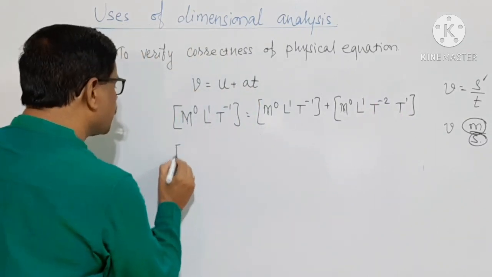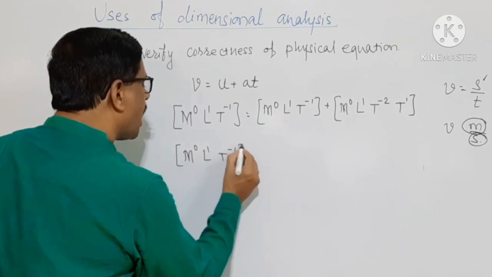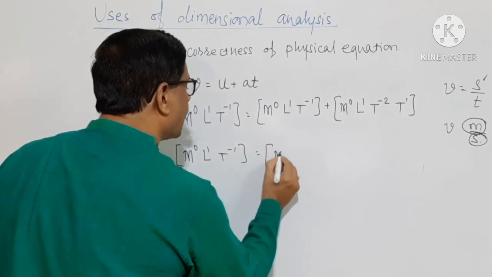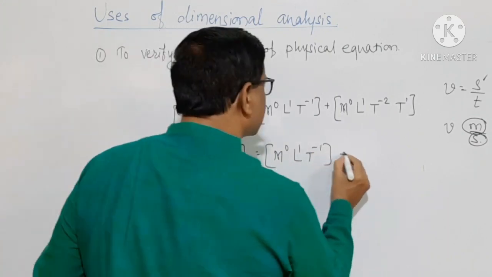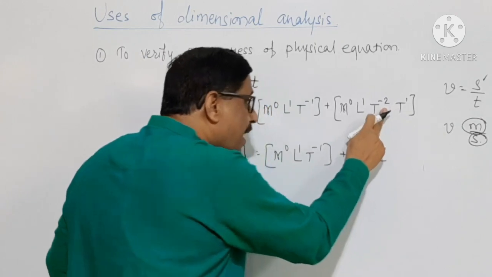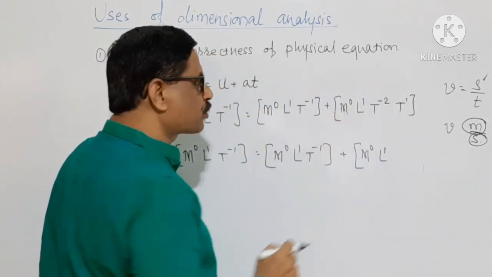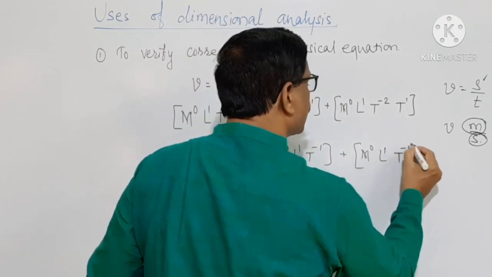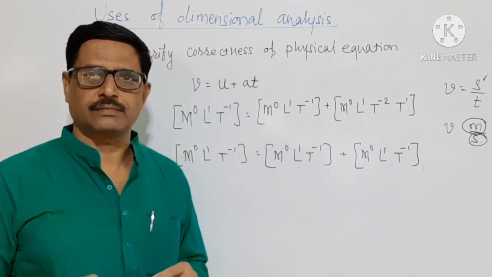Because of this, the dimensions on the left hand side of the equation are M0, L1 T minus 1, which is equal to M0, L1 T minus 1 plus M0, L1 T minus 2 T plus 1. There is addition of indices in the multiplication. Therefore, it comes out to be equal to M0, L1 and T minus 1.